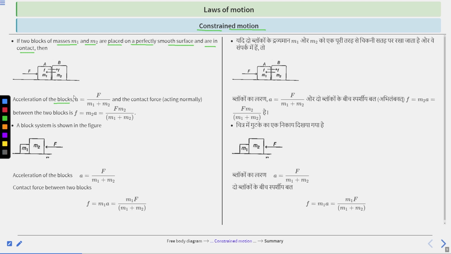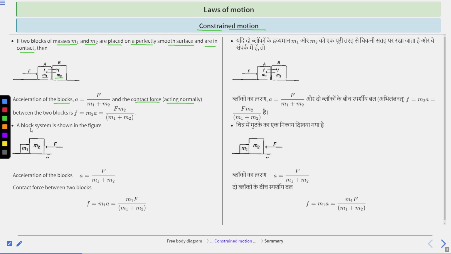Why is this the acceleration? Because the masses are attached, or we can say the masses are together on a smooth surface. That's why the total mass is m1 plus m2. So in case of acceleration, we consider this as one body of mass m1 plus m2 because both are attached. So a equal to F divided by m1 plus m2 is the acceleration of the blocks, and the contact force acts normally.